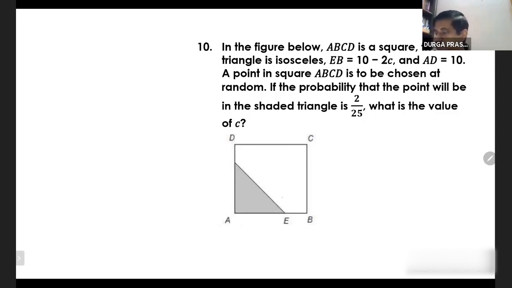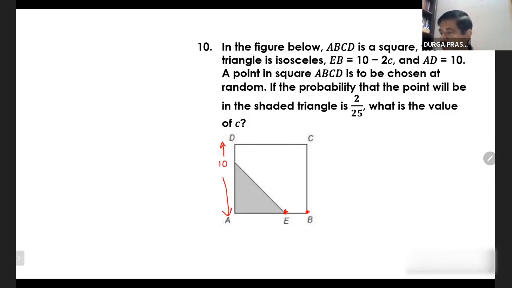EB is 10 minus 2c here. Already we have done that the probability of the shaded region is the area of that part divided by total area. Now, what is AD? AD is 10.